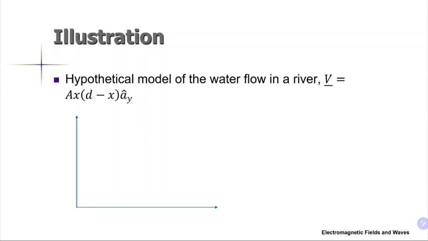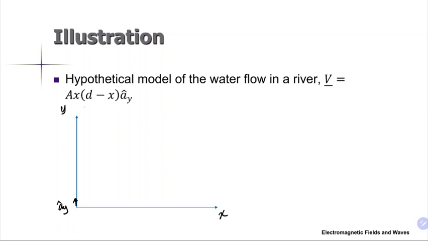So this is an equation to model the velocity of the water flowing in the river. V equals A x (d minus x) times the unit vector in the y direction. This is my x, and my unit vector is a_y, so it's in the y direction.